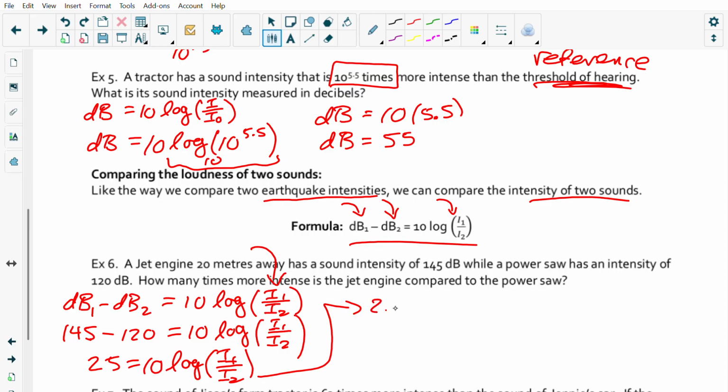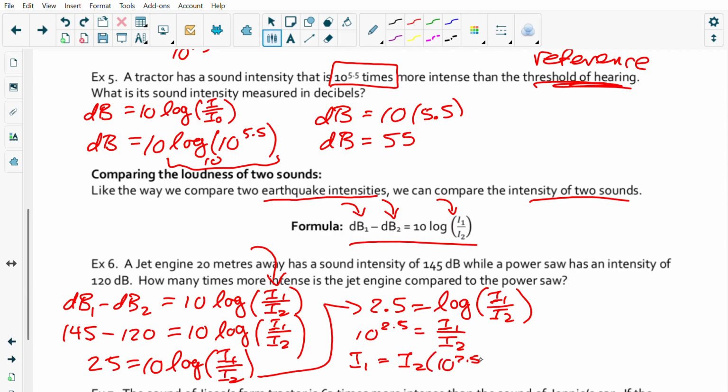Okay, let's divide both sides by 10. I get 2.5 equals log of I1 over I2. Convert to exponential form, 10 to the 2.5 equals I1 over I2. If I solve for I1, I get I1 equals I2 times 10 to the 2.5. I1 equals about 316 times I2.